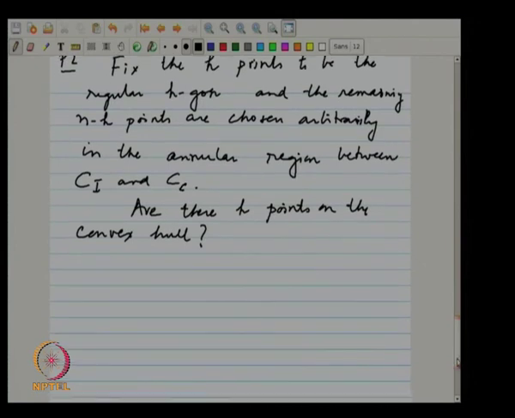Claim: P2, the second version of the problem, is easily reducible to my original problem. Why? P2 only says these h points have to be the vertices of the h-gon, and the remaining points should be in that annular region.